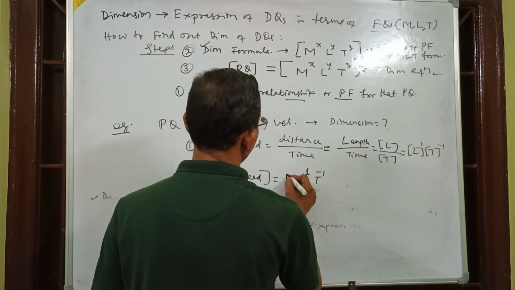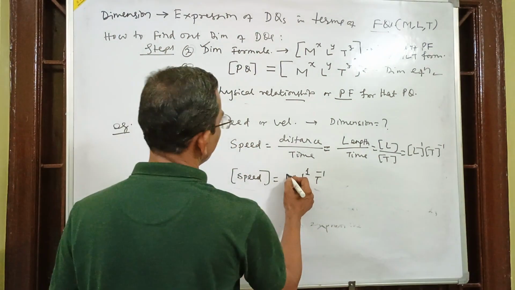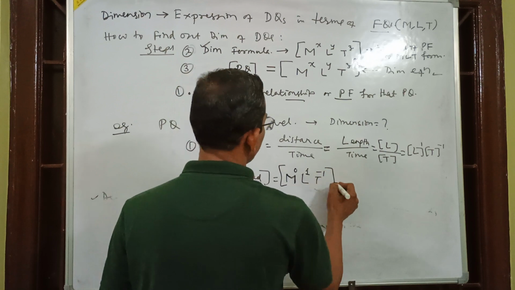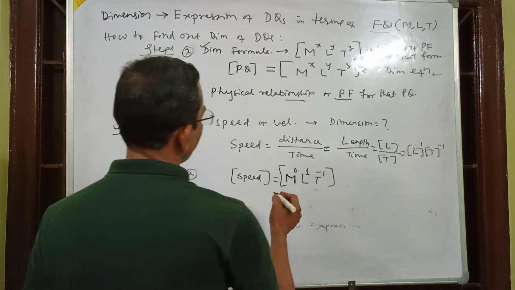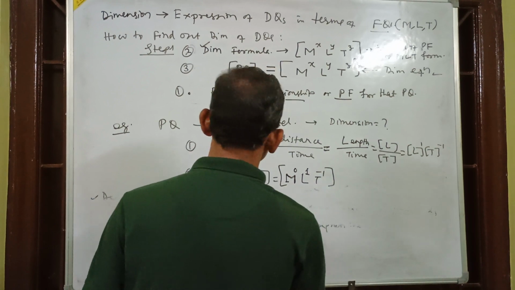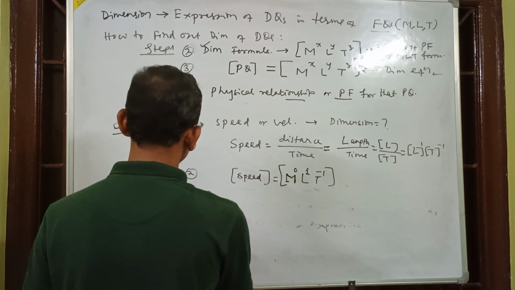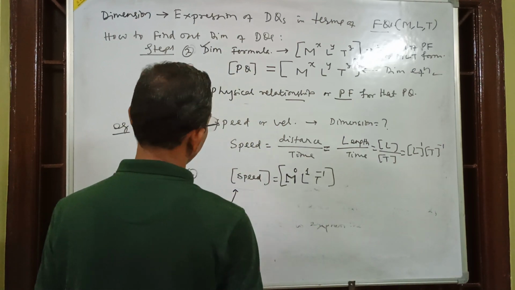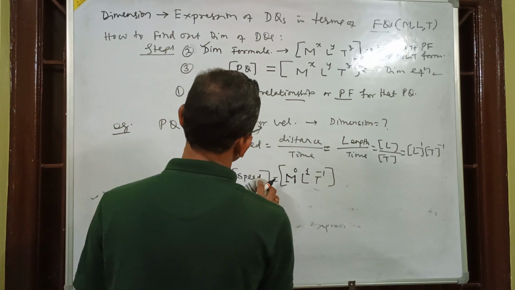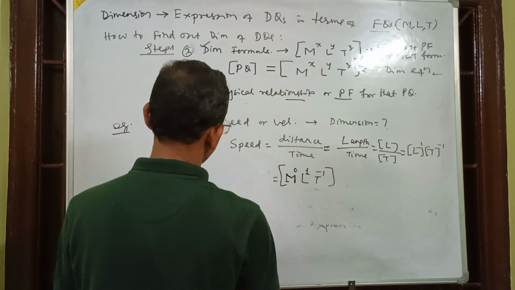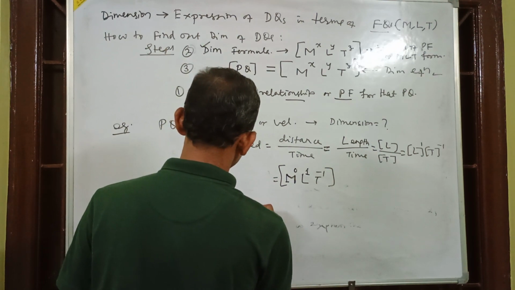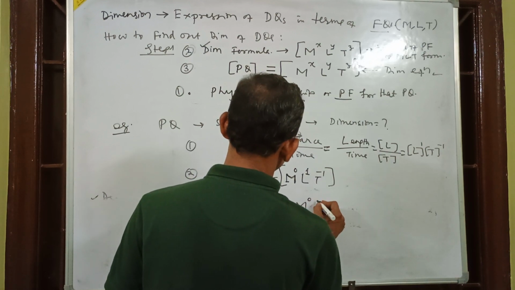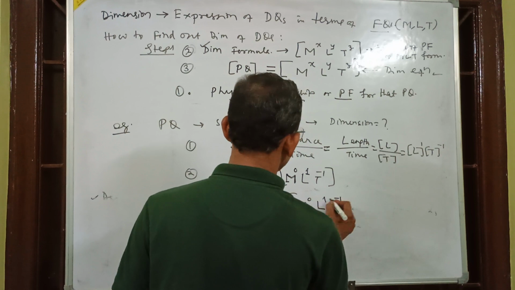M is missing, this quantity is independent of M. In that case, we can write M to the power 0. Then we have just equated this dimension, that is the dimension of speed equal to M0 L1 T minus 1.